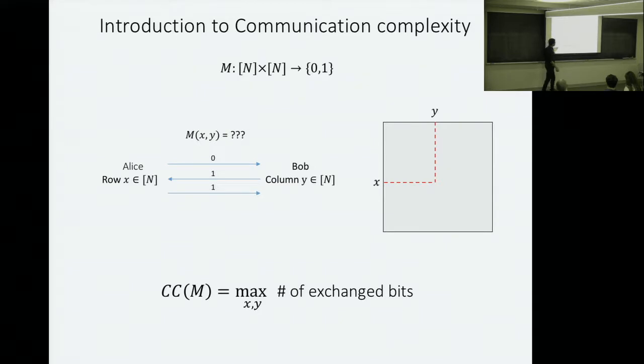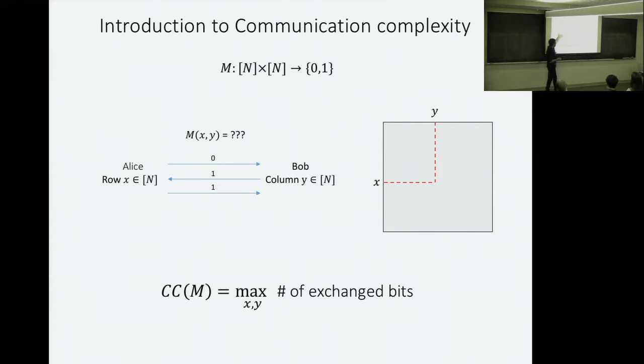But how many bits does Alice have to send to Bob? Well, it's roughly log of the number of rows here. And communication complexity asks whether there's a better way, some better way to send fewer bits so that they can compute this value.